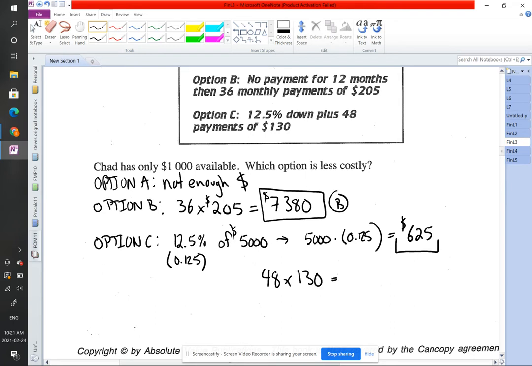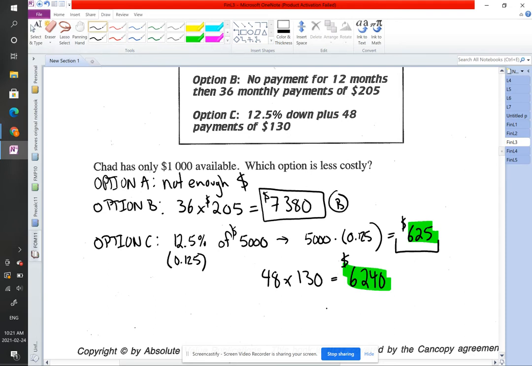So if we type that into our calculator, what do we get? 48 payments at 130 is 6,240. So what we want to do for option C is add our down payment plus our monthly payments.